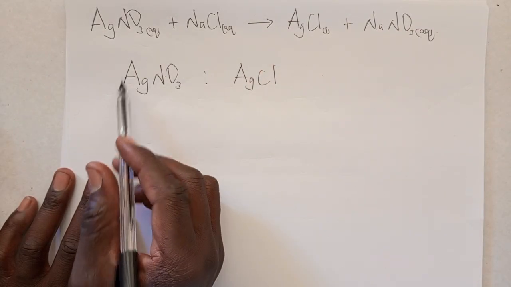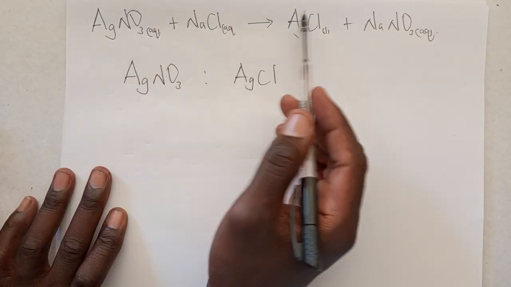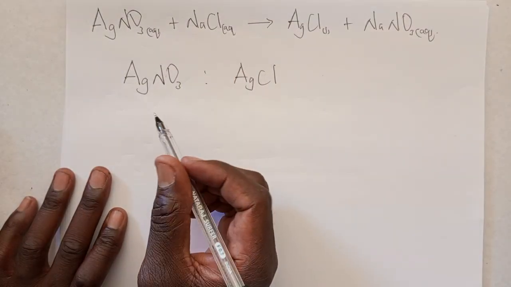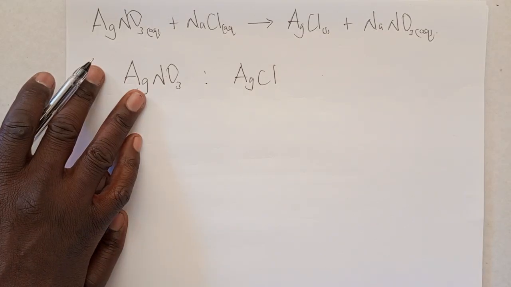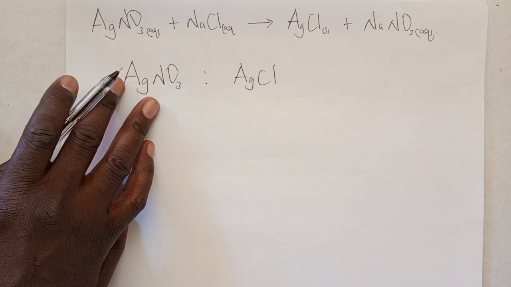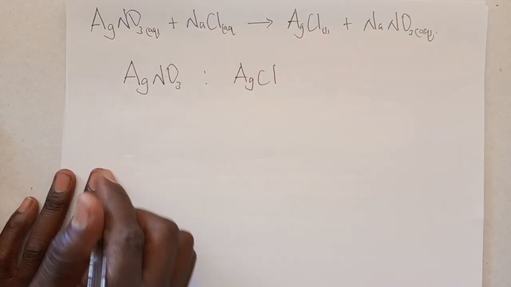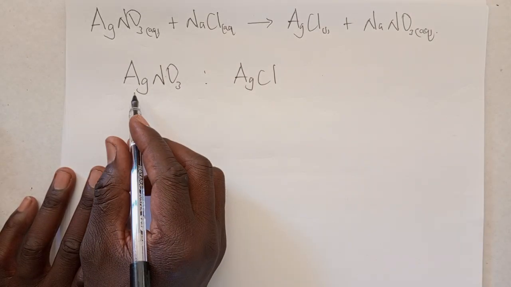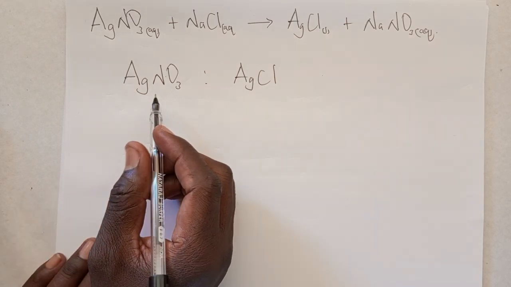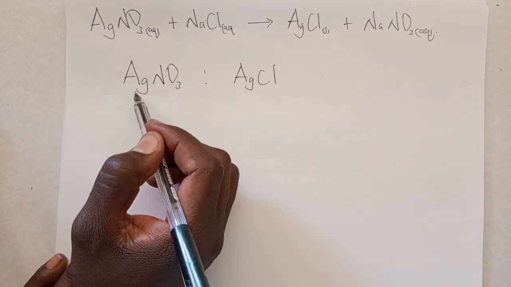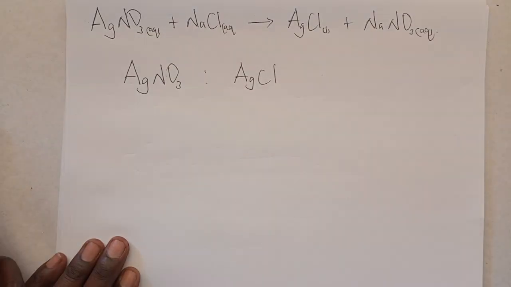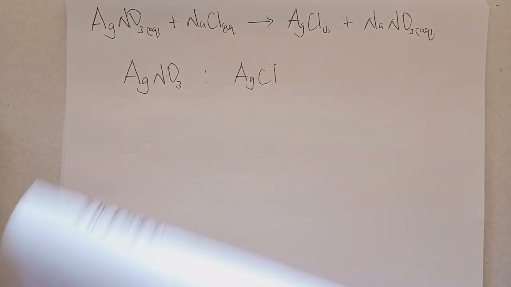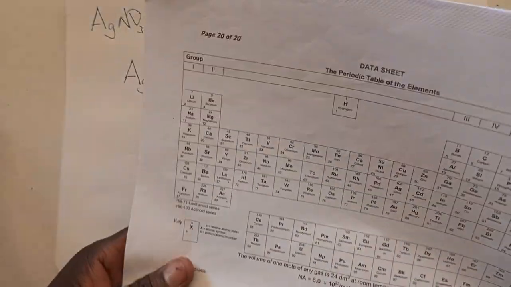When we look at the mole ratio, the coefficient is 1, but we are not going to go there because the route we're going to use is a bit simpler. We know it's 1. So we're going to find the relative formula mass. What is the relative formula mass for silver nitrate?